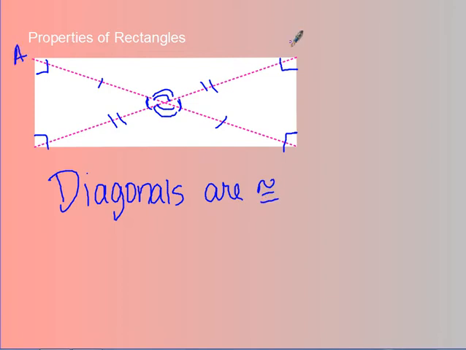So if we were to label this rectangle ABCD, we could say that segment AC is congruent to segment DB.